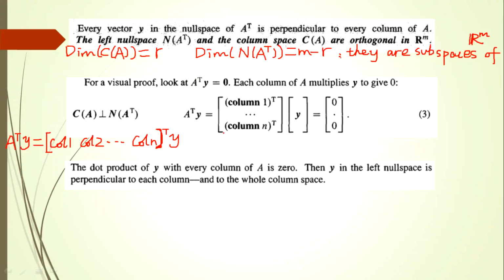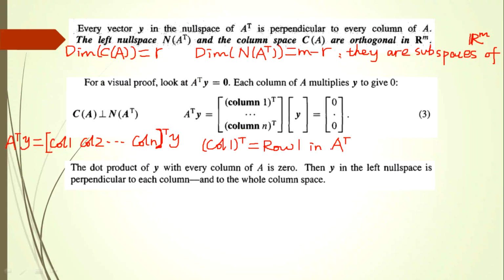Column 1 transpose becomes row 1 in A transpose. That's why we express it by rows: the vertical columns become horizontal rows in A transpose. Then that multiplied by the vector y gives the dot product 0.